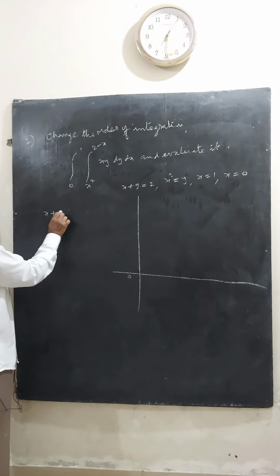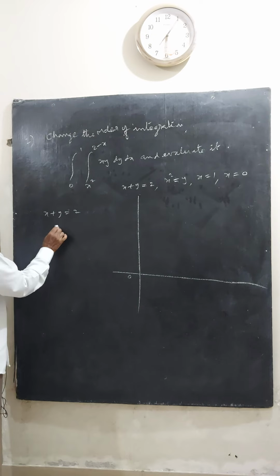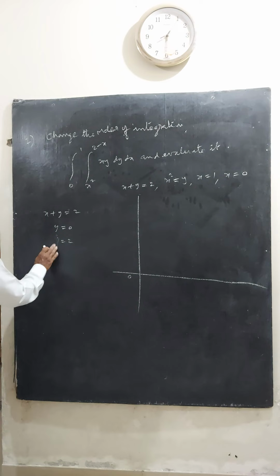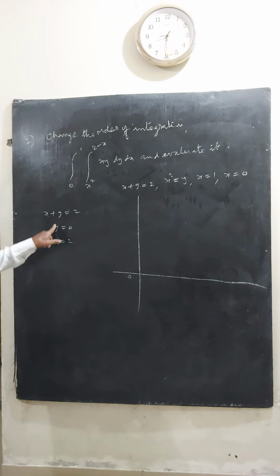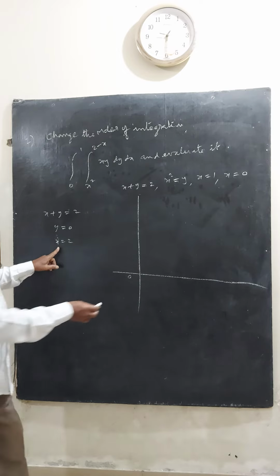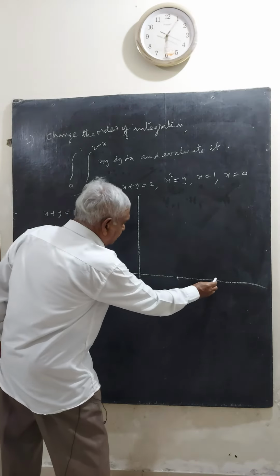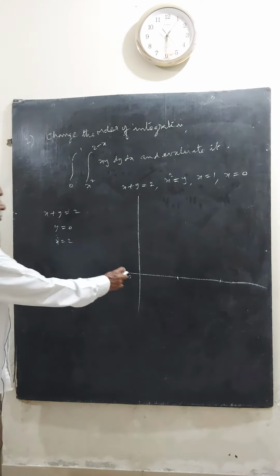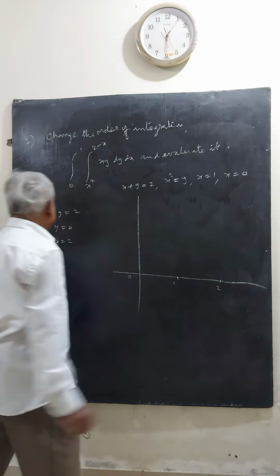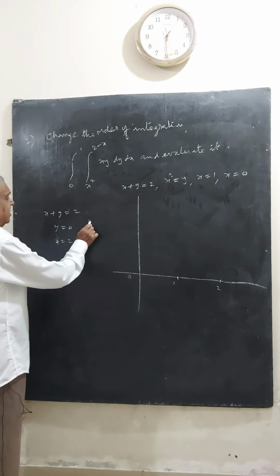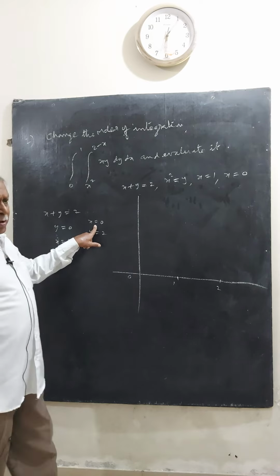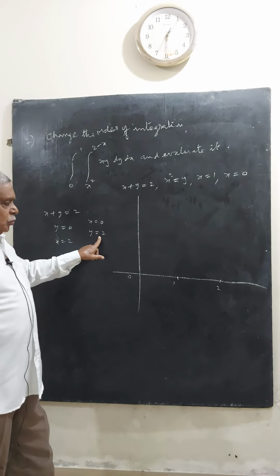Putting y equal to 0, we will get x equal to 2. Distance, 1 unit, 2 units. Again, putting x equal to 0, we will get y equal to 2. And this is the y axis, y equal to 2.